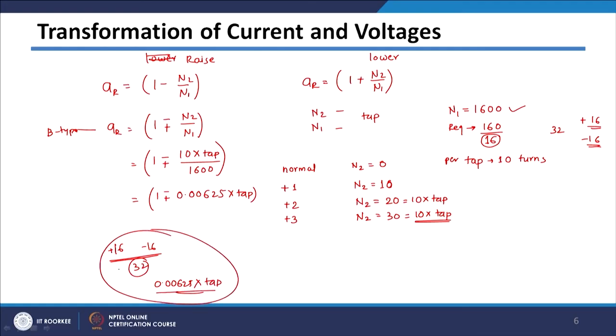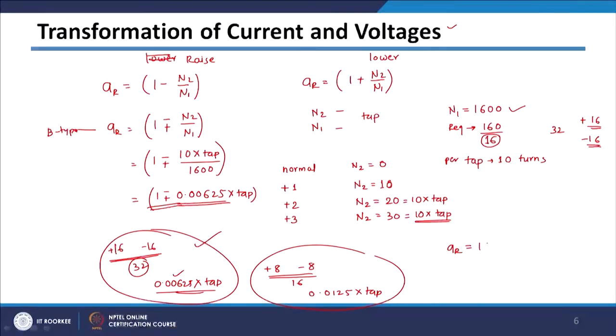If there are plus 8 and minus 8 taps, meaning a total of 16 taps, in that case it is double of this, 0.0125 into your tap position. So, this configuration of 0.00625 is possible if there are 32 taps in your regulating winding.